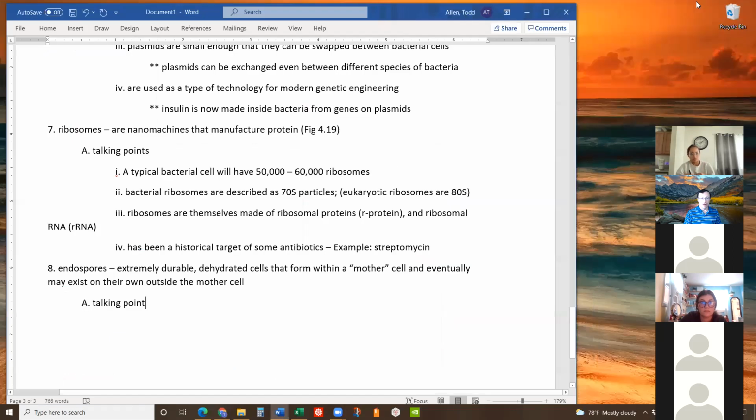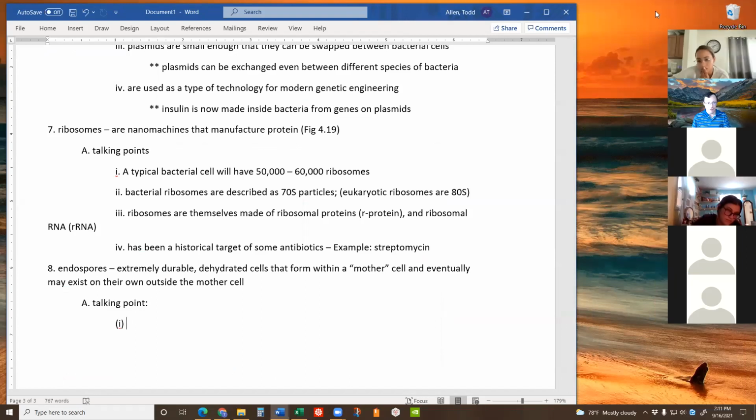Okay, all right, so talking points about endospores. Endospores are only formed inside and by gram-positive cells. Only gram-positive cells can make endospores. Okay, gram-negative cells do not have the genetic instructions to do it, so they don't.